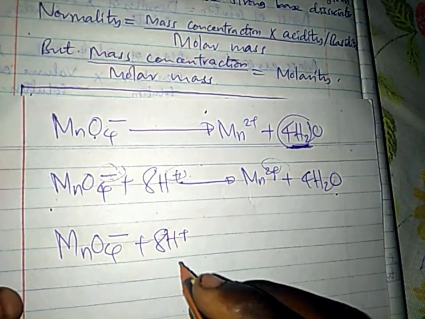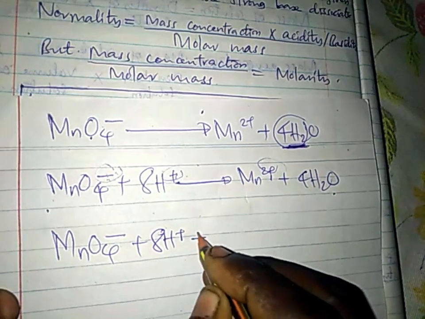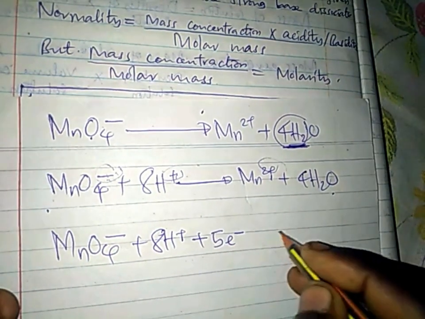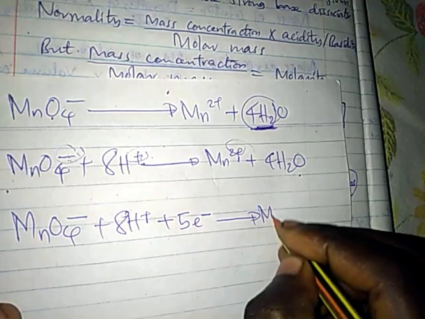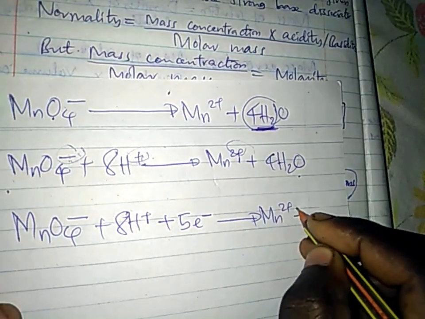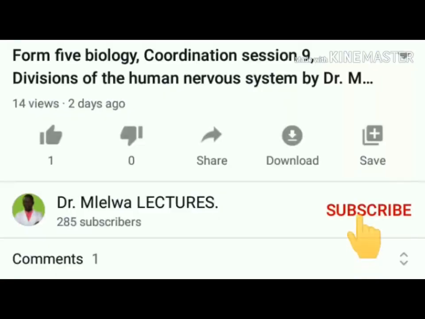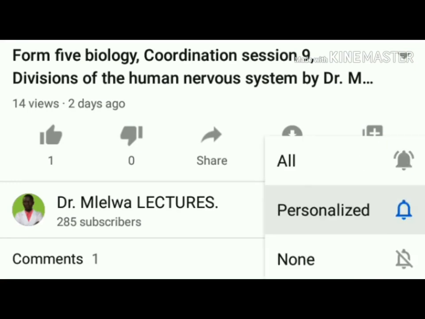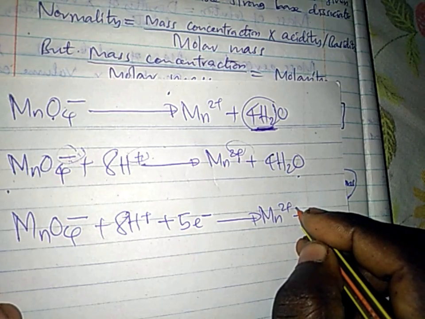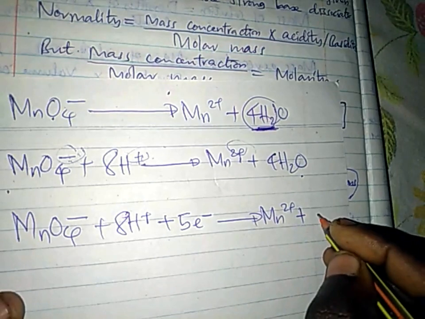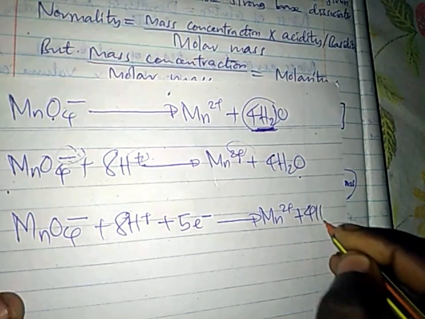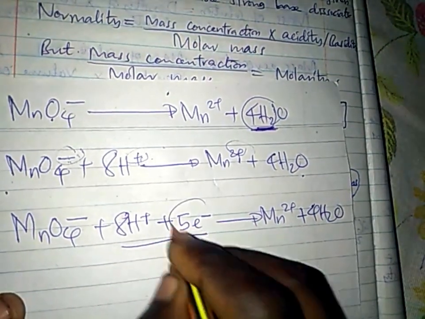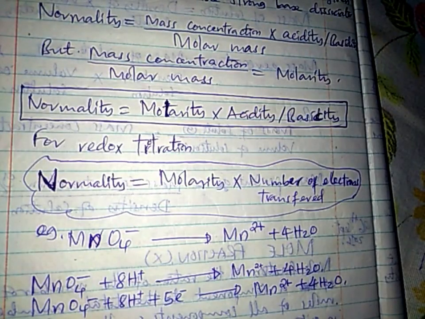Negative 5 iweze ku decrease. So plus 5 electrons, yule pale tunaenda kupata nini? Manganese 2 positive plus 4 H2O. So hizi ndo number of electrons transferred kutoka kwenye hiyo equation yetu.